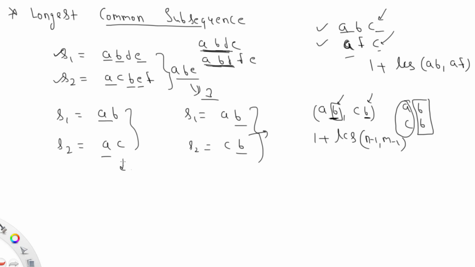Like in this example, here we have AB and AC.